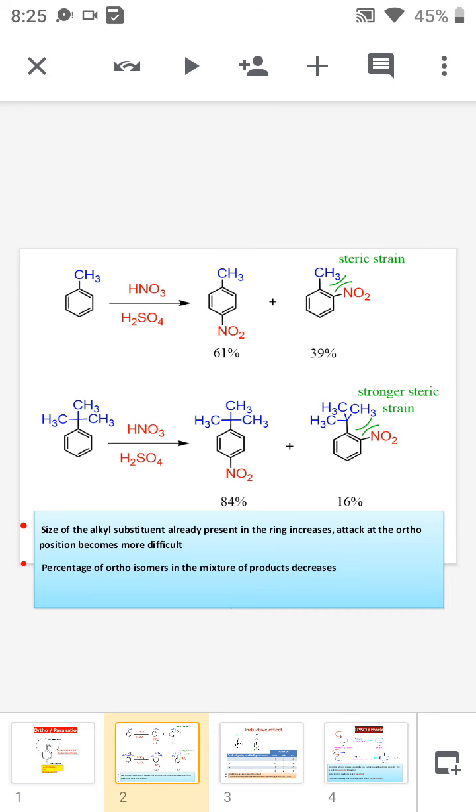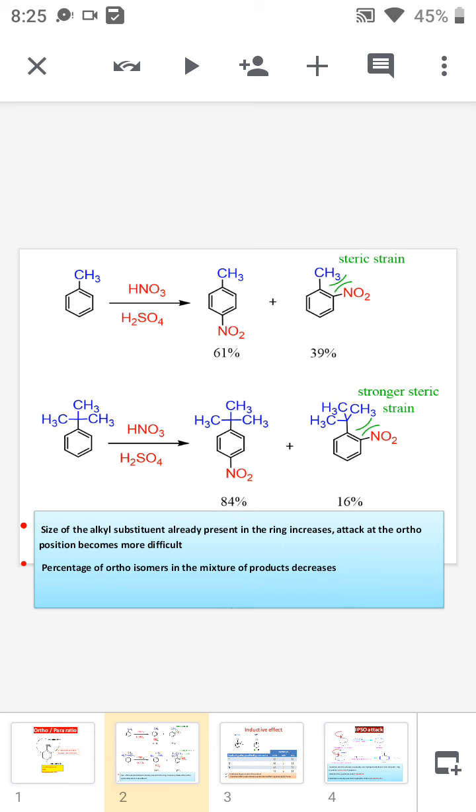See here, I have shown the ortho position, and in the ortho position it experiences some steric hindrance. That's why the ortho product is only 39%, even though we have two ortho positions. Only a limited product is available in the ortho position. Whereas in the para position there is no steric hindrance, so the para product is 61%.